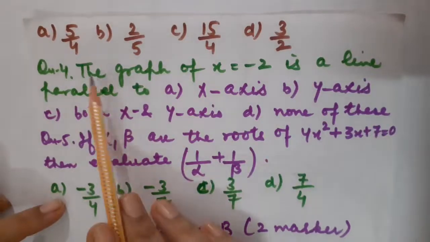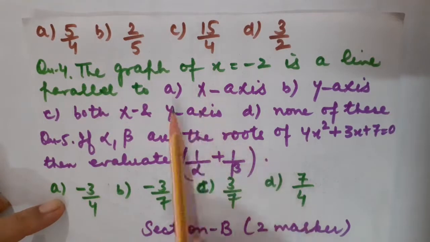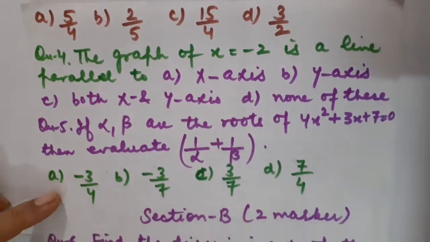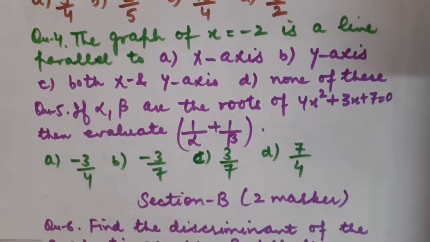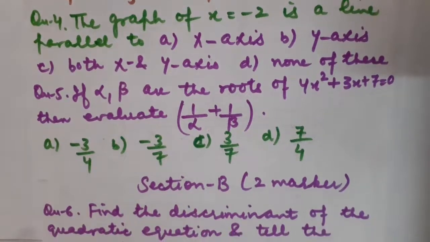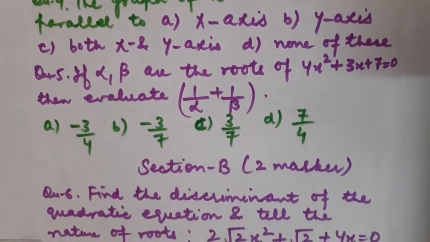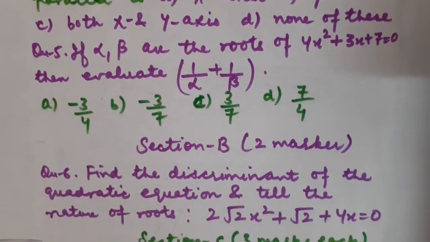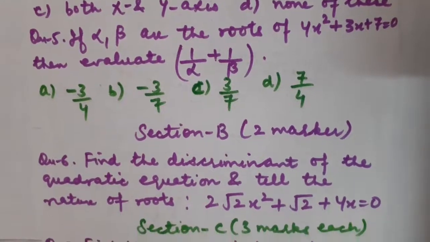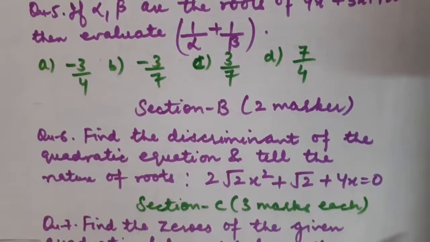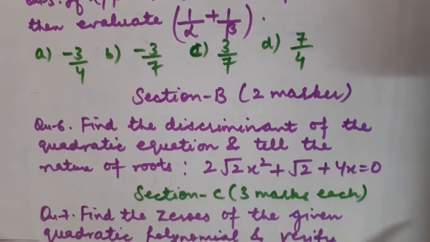These are the options of question number 3. This is question number 4. And then 5. Now children, I am going to show you section B, 2 marker questions.